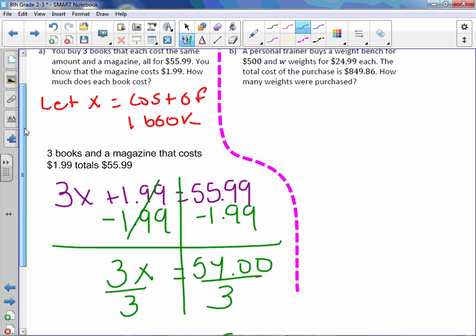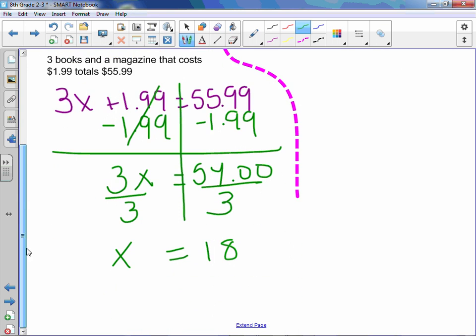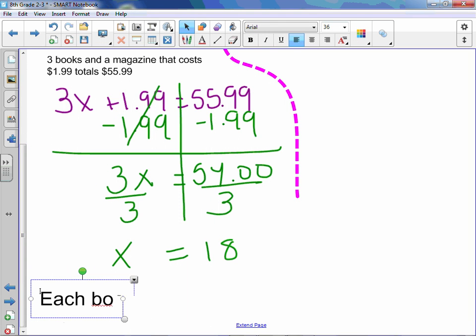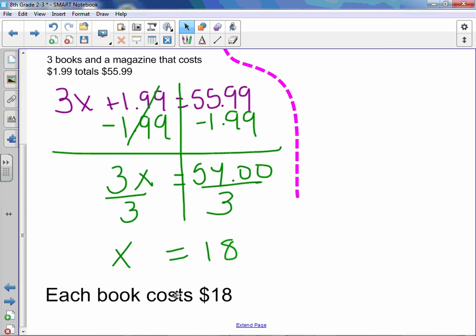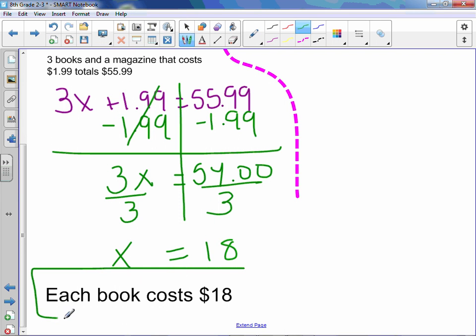So the question asks, how much does each book cost? We would finish it with saying, each book costs $18. And that's our answer.